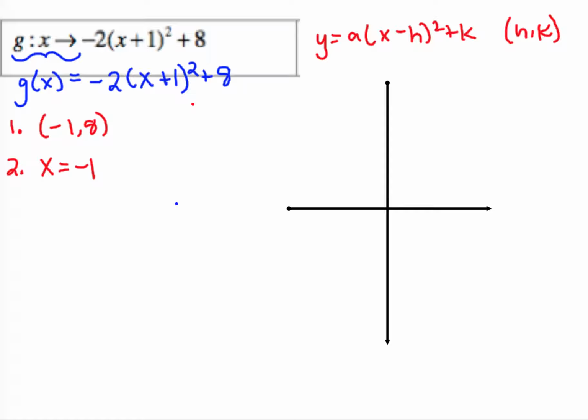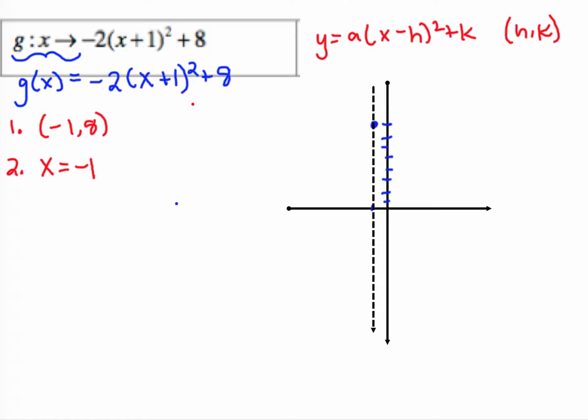So we have our vertex at negative 1, 8: 1, 2, 3, 4, 5, 6, 7, 8. Line of symmetry here at negative 1. So I'll put in my line of symmetry at negative 1.